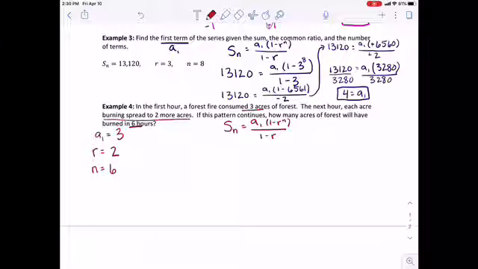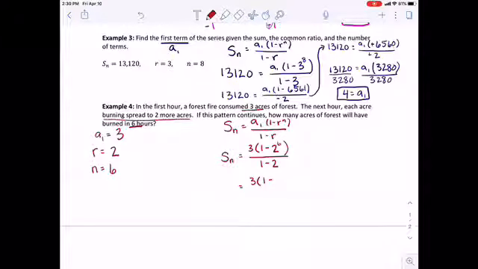Well, once I know that, all I have to do is plug this into my formula. So I'm going to have the S sub n equals A sub 1, which was 3, times 1 minus my r, which was 2, to the n, or 6th power, all over 1 minus r, which was 2. If I simplify this equation, I'll have 3 times 1 minus 2 to the 6th power, which is 64, all over 1 minus 2, which is negative 1.